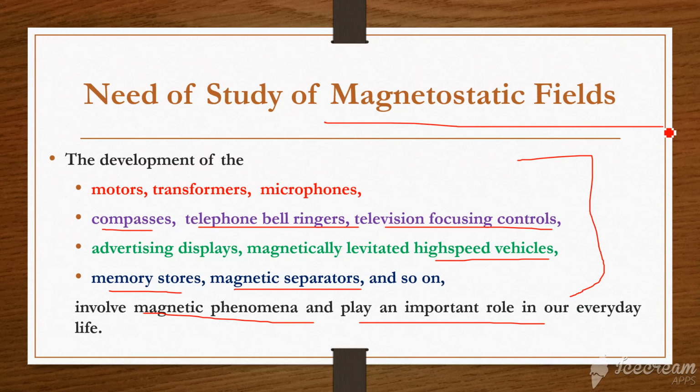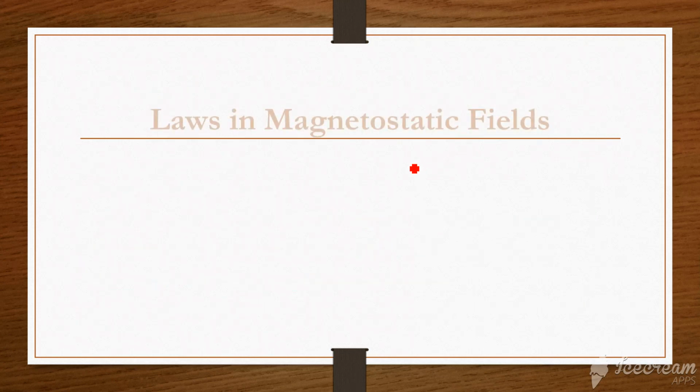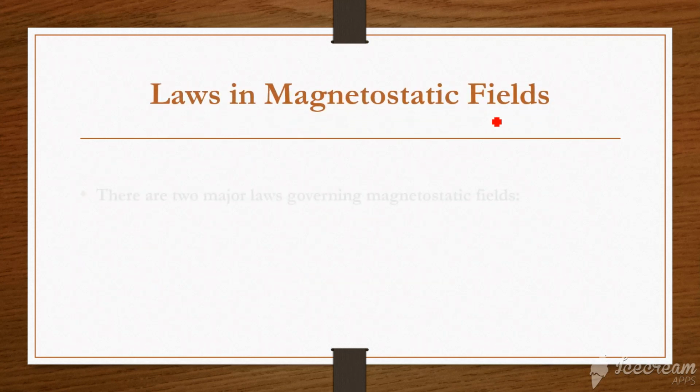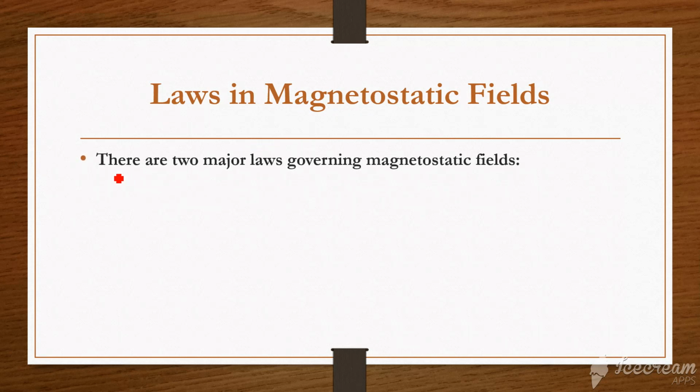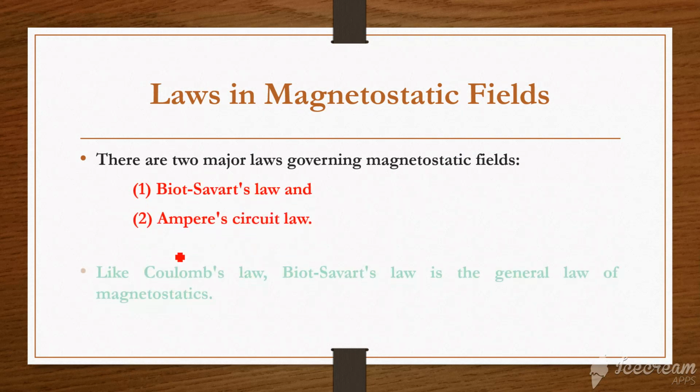The laws in the magnetostatic field, as already explained, are two: the Biot-Savart law and Ampere's circuit law.